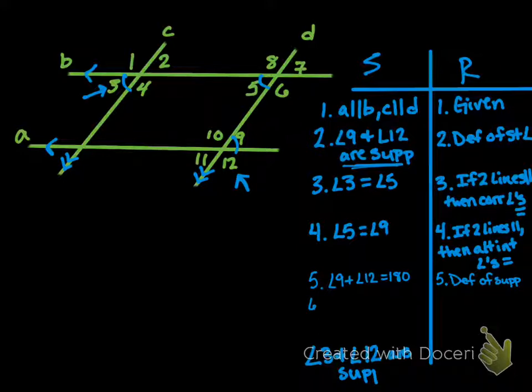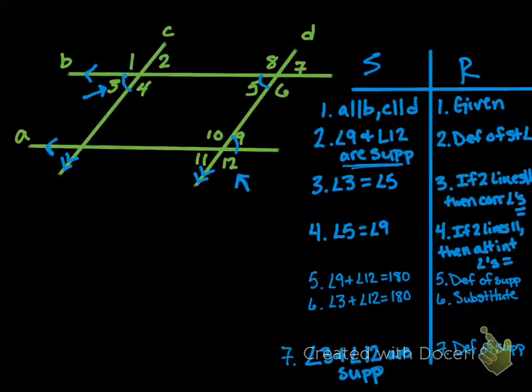So now we can substitute angle 3 plus angle 12 equals 180, and our reason for that is substitution. And from there we can go back and say that angle 3 and angle 12 are supplementary, and our reason for that is definition of supplementary again. All right. So that is how we prove that two angles are supplementary using our parallel lines and a transversal.